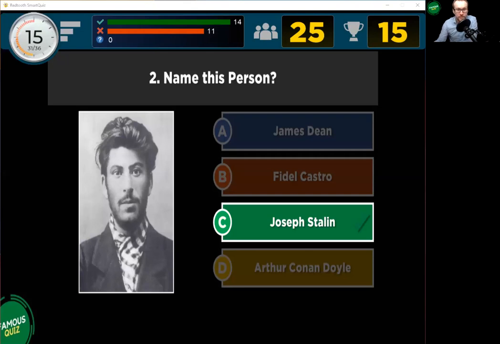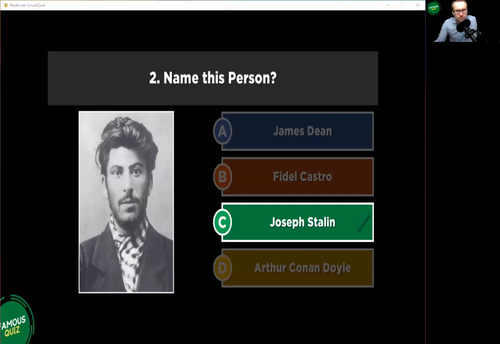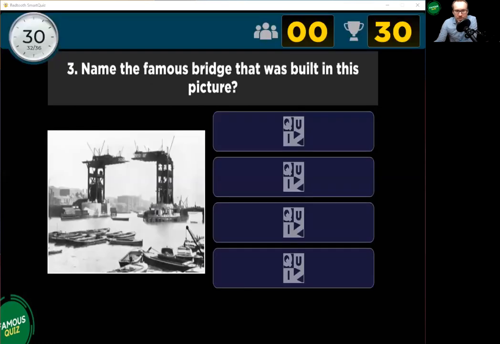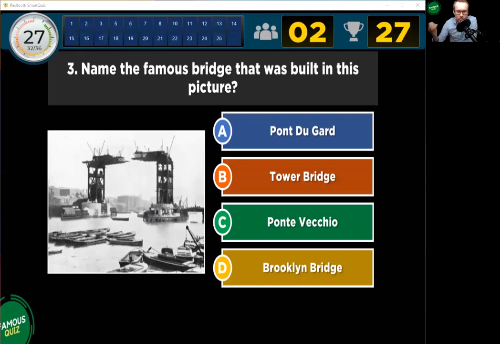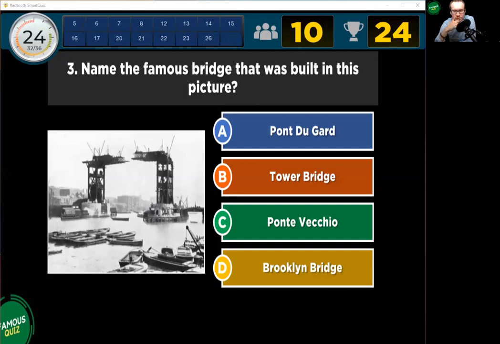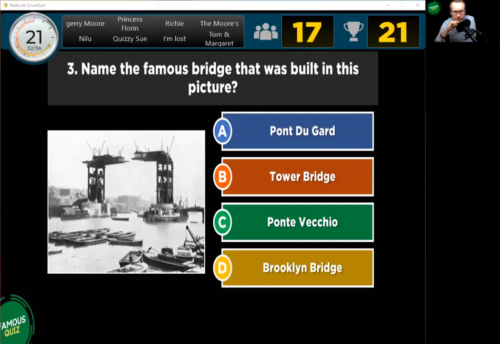Okay, third question. Name the famous bridge that was built in this picture. Pont du Gard, Tower Bridge, Ponte Vecchio, or Brooklyn Bridge? Which bridge do you see in the picture?